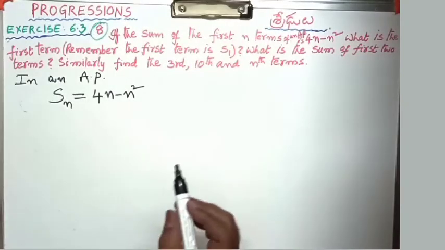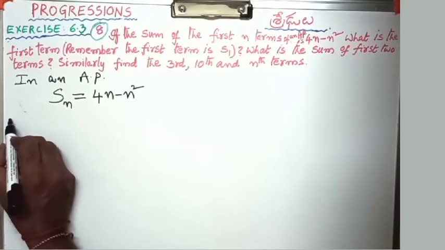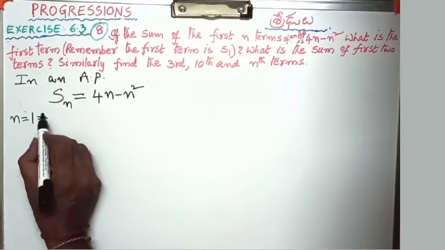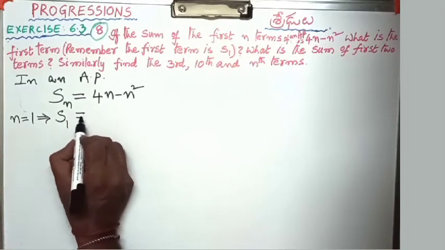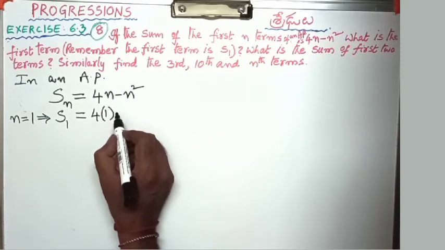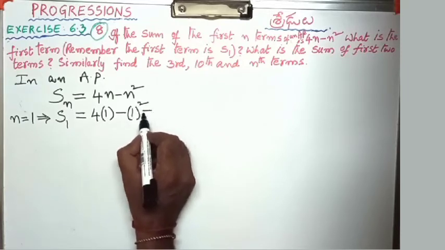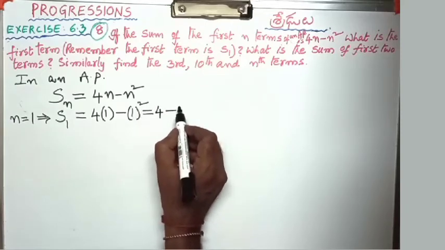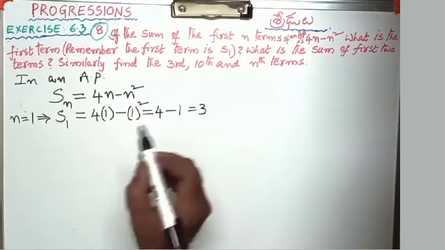First, substitute n is equal to 1, then S1 is equal to 4 into 1, substituting 1 in place of n, minus 1 square. 4 ones are 4, minus 1 square means 1, that equals 3. 4 minus 1 is equal to 3.